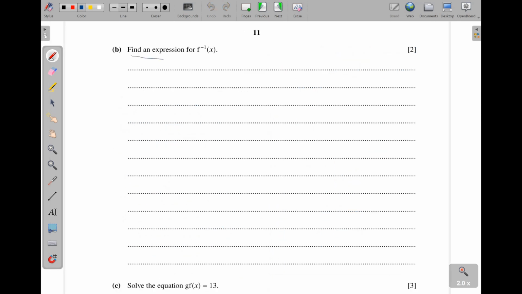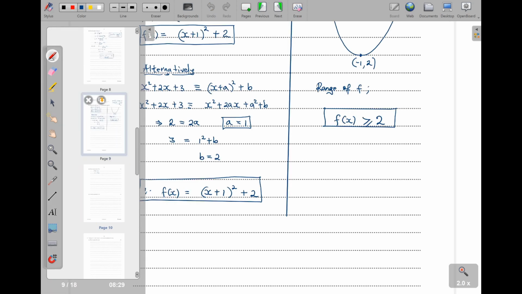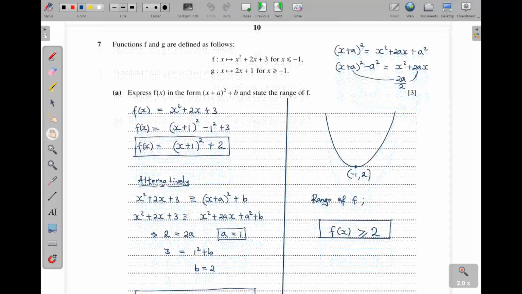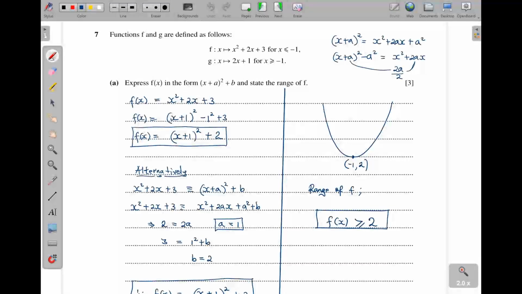Then part B, find an expression for the inverse. I'll say let my inverse be equal to y. So meaning x is going to be equal to f of y. Now, when they give you the quadratic equation, you are supposed to express it in the completed square format. If you don't do that, there is no way you are going to make x the subject of the formula.